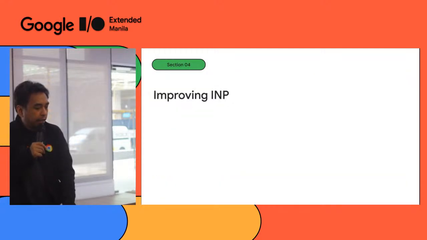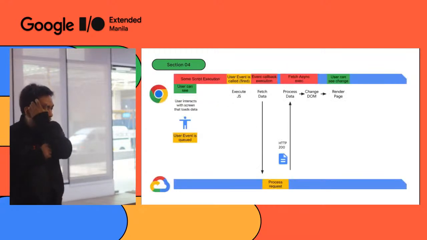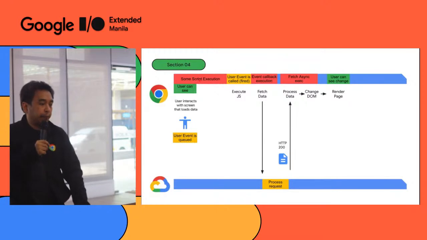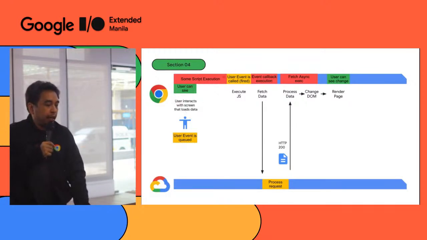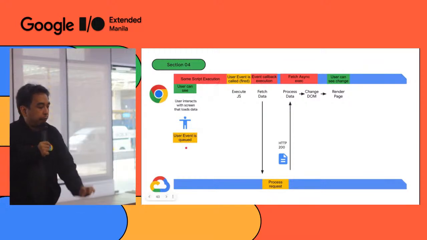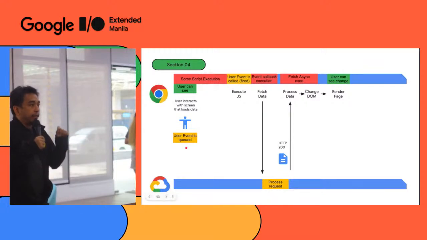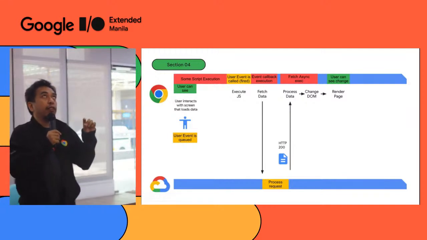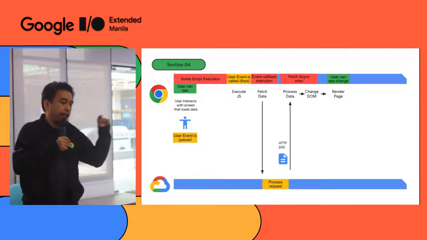Other than that, yung INP again, one example is this one. Let's say you have some script execution that's still happening and then the user interacts with your site. Ang mangyayari dito is yung user interaction mo will be queued on some event queue. So event queue, iba yung microtask.